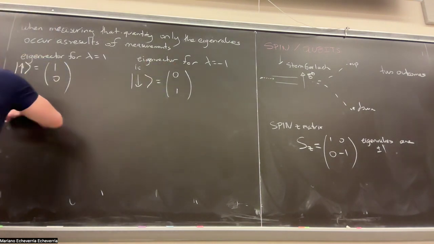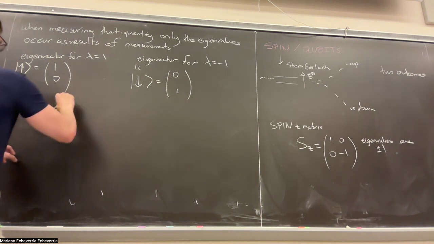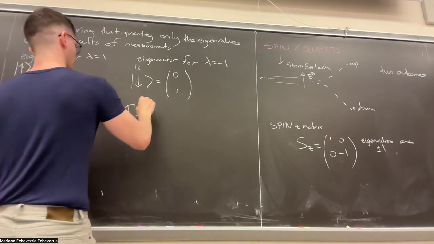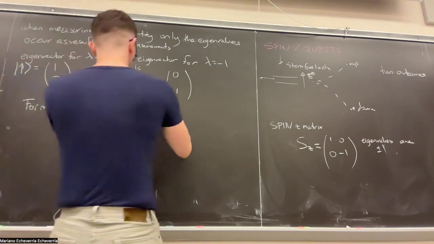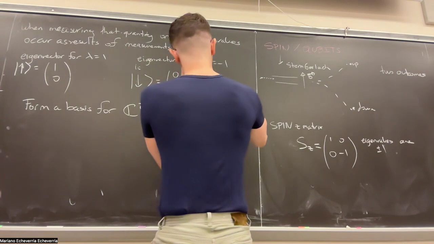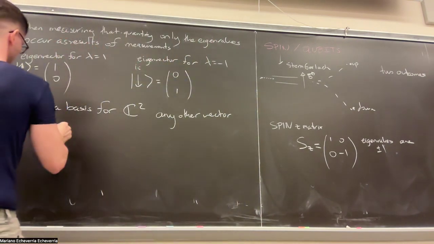So these two vectors form a basis. Okay, so any other vector psi is a linear combination of these two.